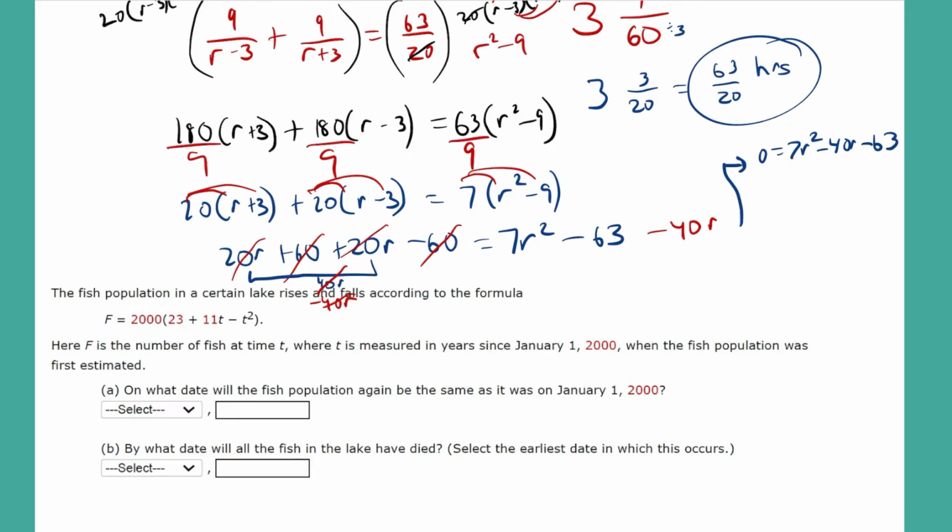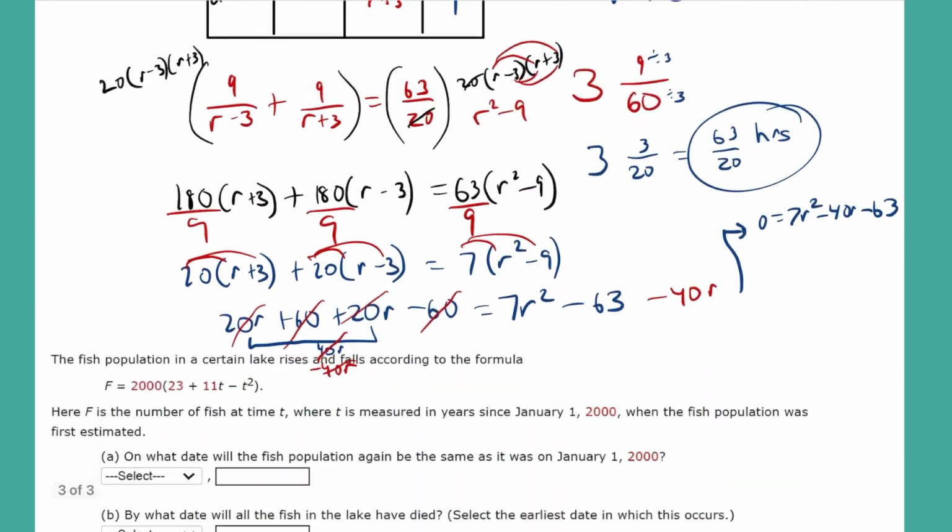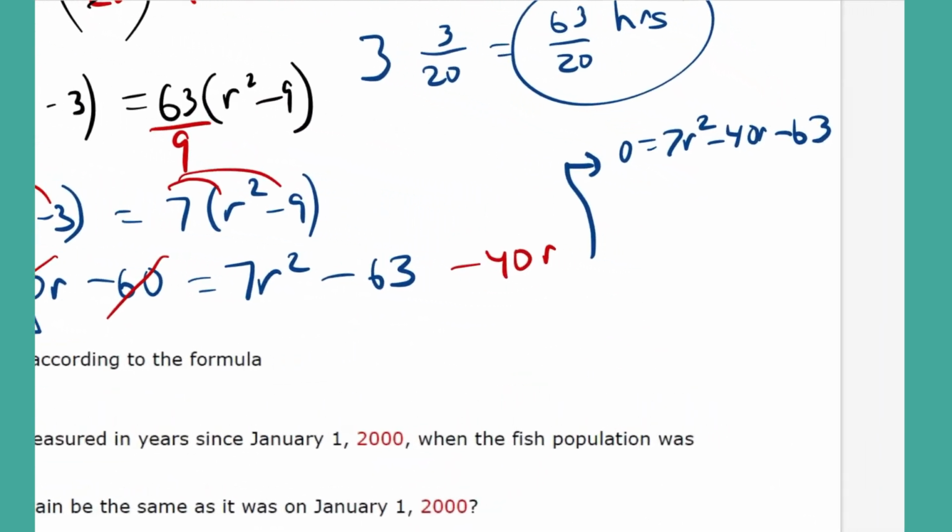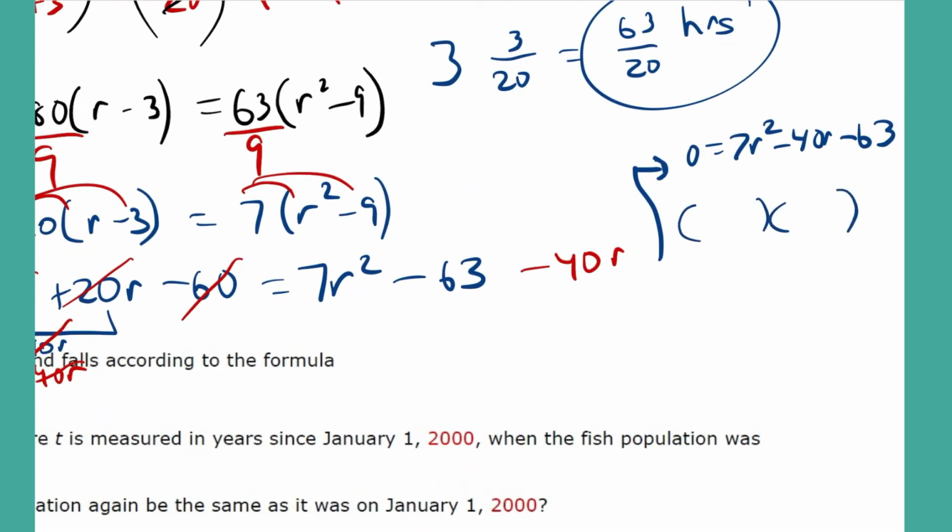All right, at this point, we want to try to factor. Let's see if we can factor this. I'm going to try the guess and check method. So I'm going to do 7r times r, and I'm going to try 9 times 7. Let's see, that's 9 and 49 will make negative 40. If you make this term negative and this term positive, you will get, inner is 9r, outer is negative 49.